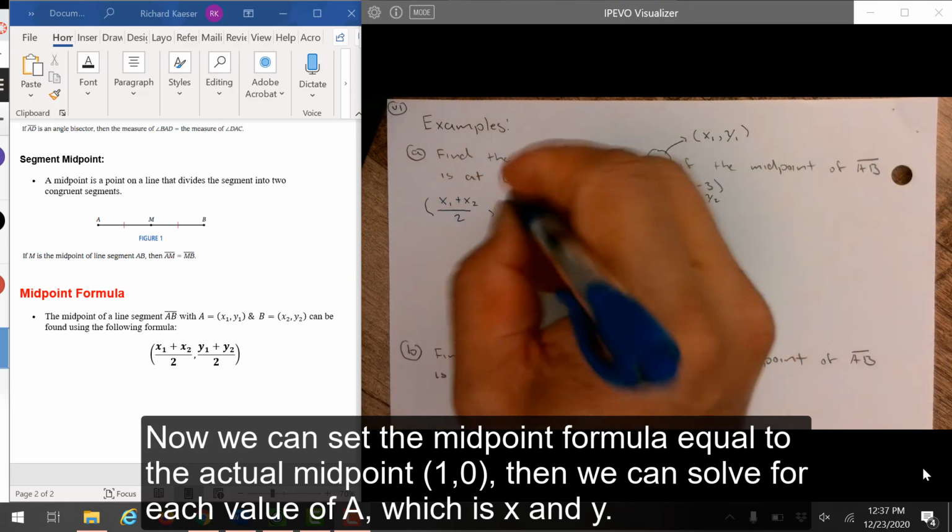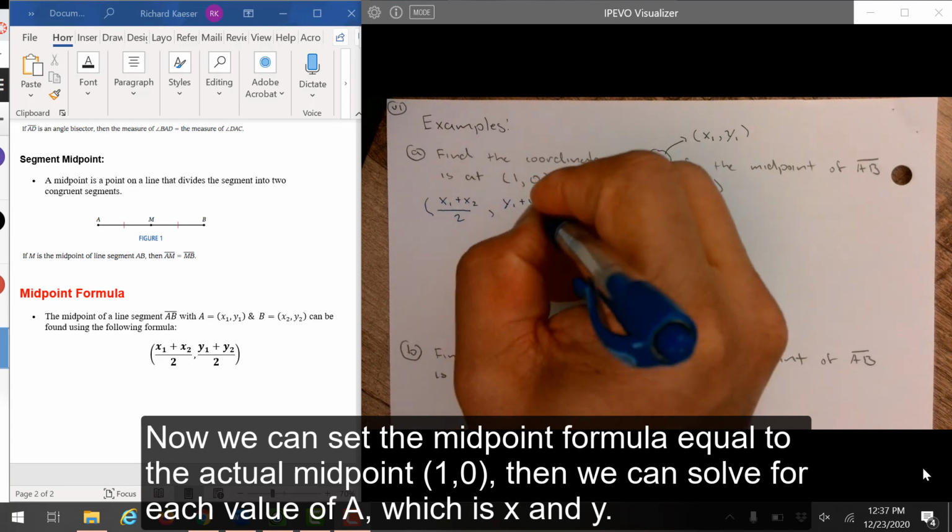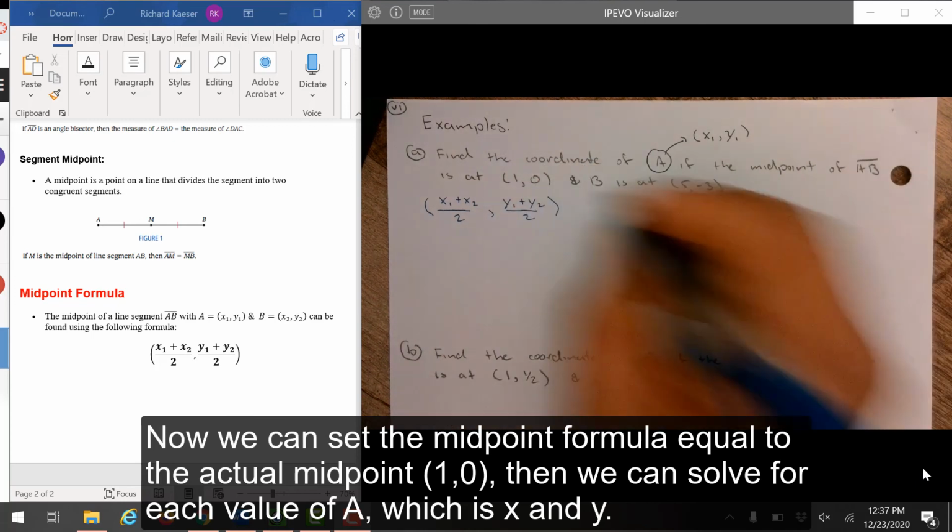Then we can solve for each value of A, which is X and Y.